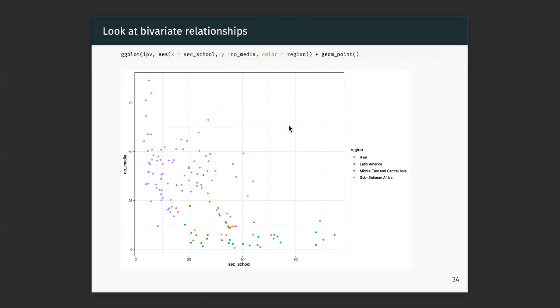That is women in the country reporting they had regular access or no access to media. And then we can assign a color equal to region here, where we can add an additional aesthetic to sort out visually where each region of the included countries are on this scatter plot.